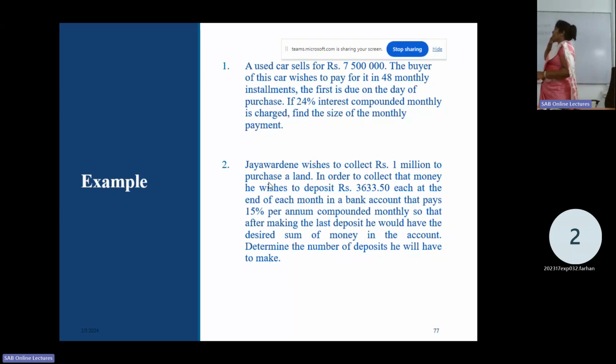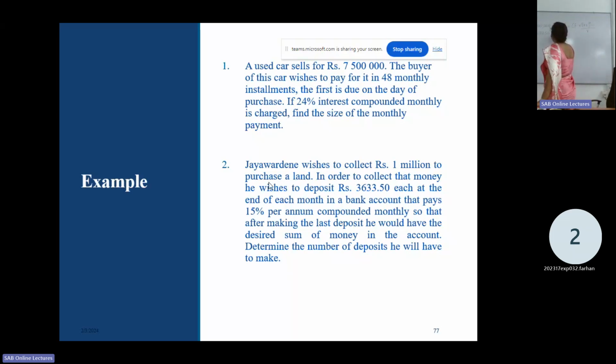Then you can apply the future value of annuity formula. Future value of annuity is equal to cash flow into (1 plus r)^n minus 1 divided by r. So apply the formula and calculate.